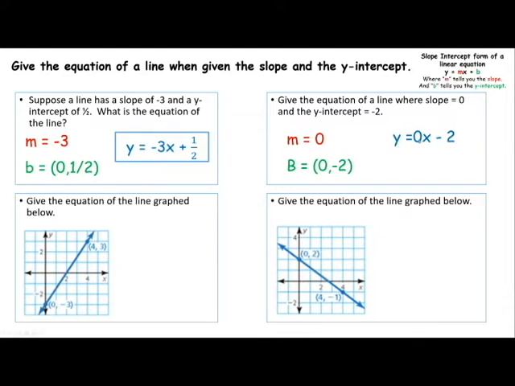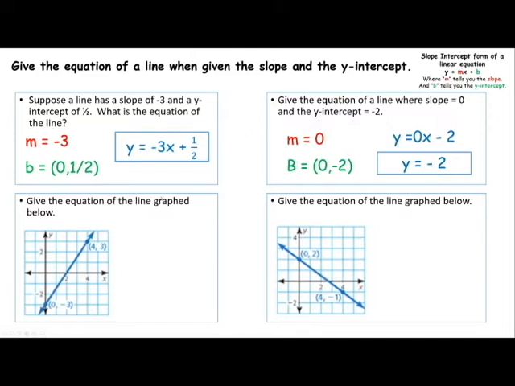Notice, of course, that 0 times anything just becomes a 0, so this is actually 0 minus 2, which would simplify to y equals -2. Notice, since my slope is a 0, in the previous video we said anytime that happens, you end up with a horizontal line for your graph. So this is actually a horizontal line that goes through -2 on the y-axis.